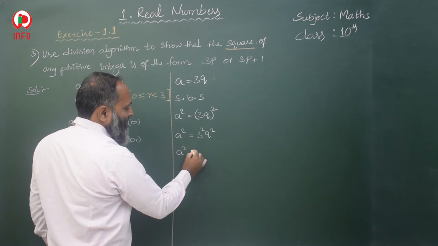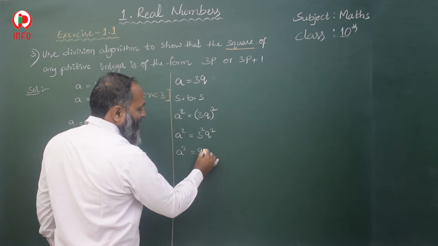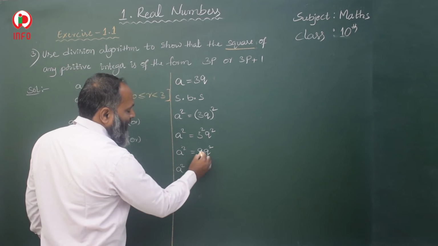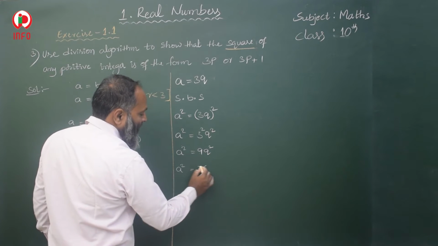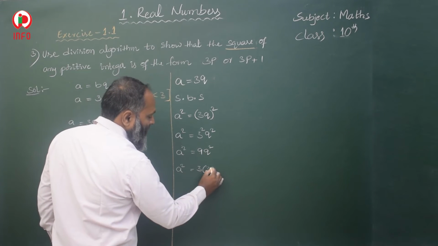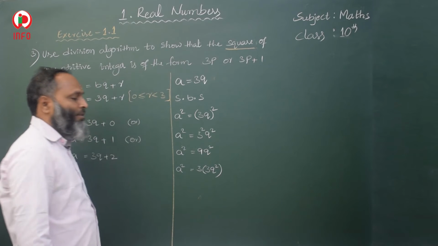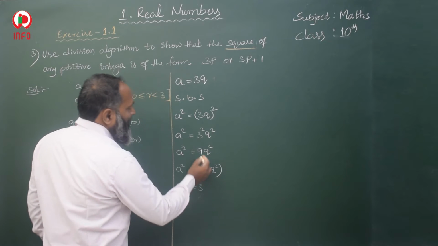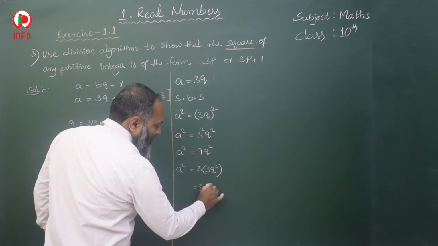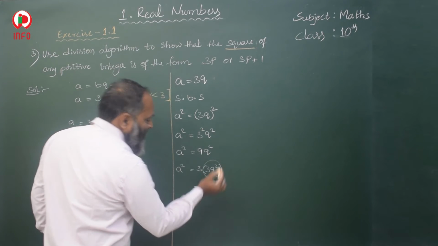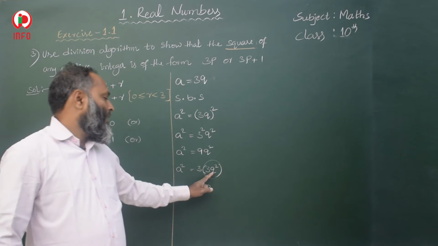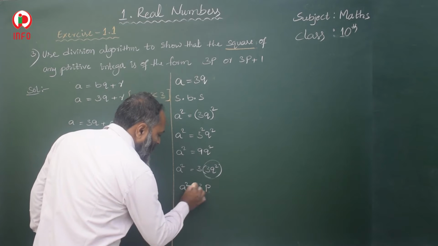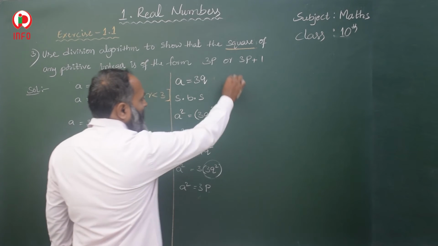That is a square is equal to 9q square. How to take? 3 into 3. If you take 3 as a common, 3 3s are 9, 9q square. So this is a 3 multiple. That 3 multiple you consider as p. So a square is equal to 3p. The square is in the form of 3p.